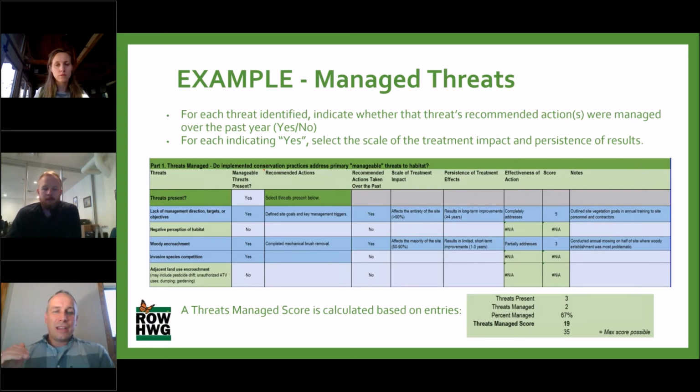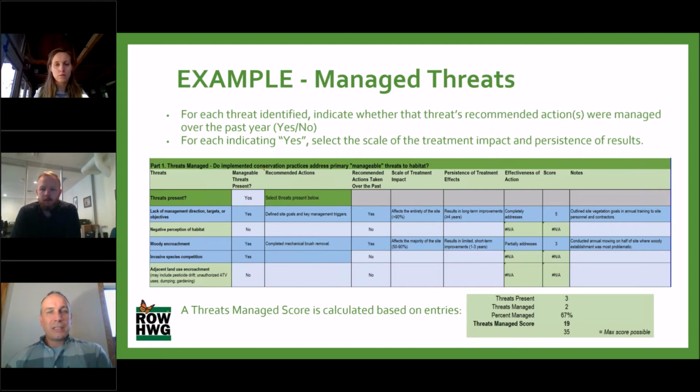We had woody encroachment and invasive species competition. In this example, we only are addressing 2 of those 3 threats at the site. In this case, there's lack of interest in terms of controlling invasive species at this location, and so really focusing on those first 2 is what they're doing.